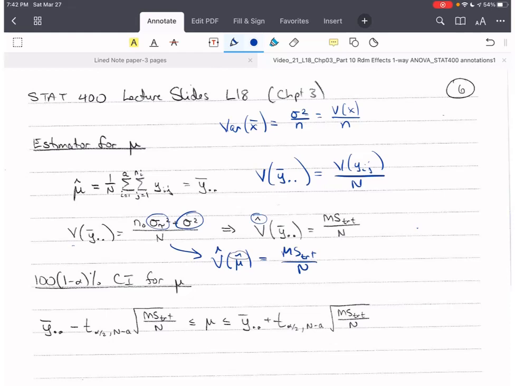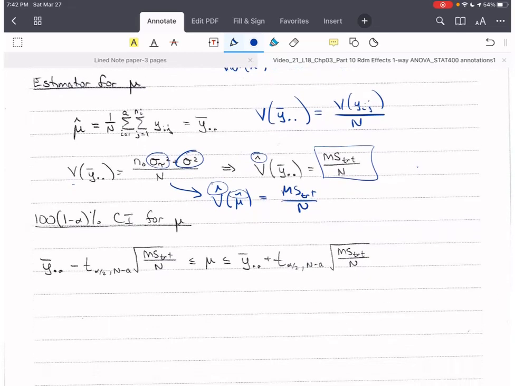We have two hats here. We have the hat, the estimate of mu, and then we have the estimate of the variance, where we plug in for the variance estimates. And we want a confidence interval for this. It's y dot dot bar minus t alpha over 2 with n minus a degrees of freedom times the square root of MSTRT divided by n.